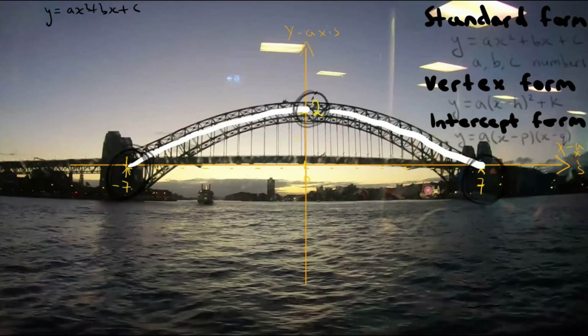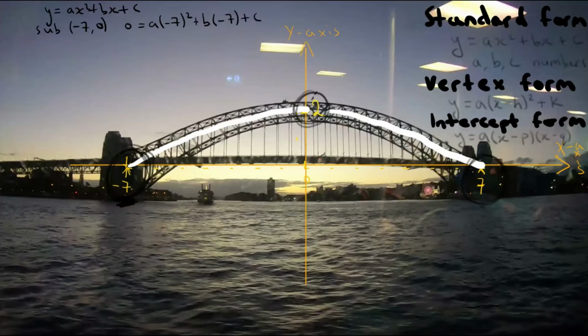So the first point here being negative 7, 0, so sub negative 7, 0. From this, what we get is 0 for the y equals a times minus 7 squared plus b times minus 7 plus c.